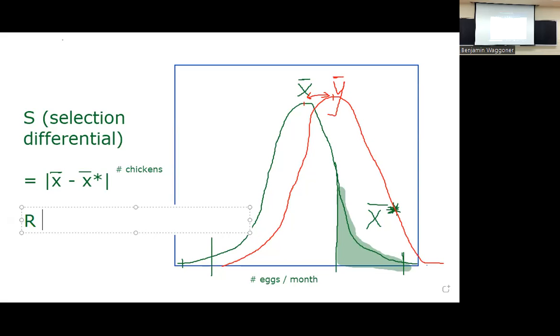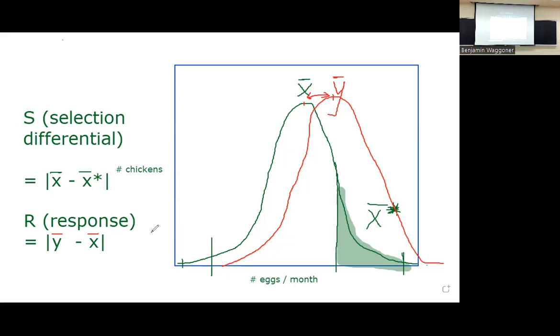So R is the response to selection, and it's equal to the absolute value of Y bar minus X bar. And give me a second to draw the bars.